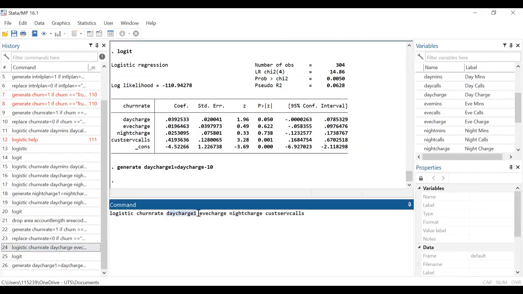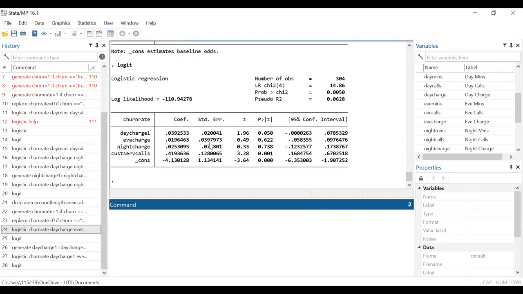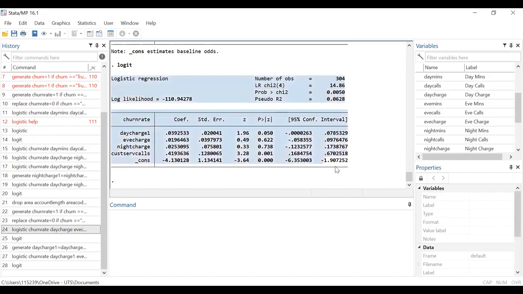Now you will notice I have the new model after incorporating the predicted price drop. Here is the effect: it is 0.039. Let me just copy this output and then we will discuss it on the slide.